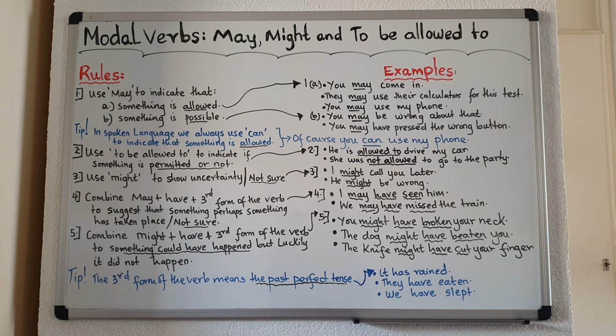So in all those 3 examples, you have might plus have plus broken. Might plus have plus bitten. Might, okay, plus have plus cut. Okay, and all those verbs, broken, bitten, and cut, are in the third form of the verb.